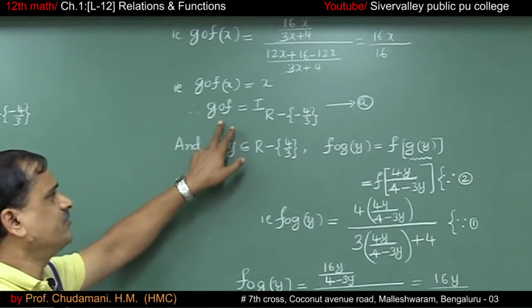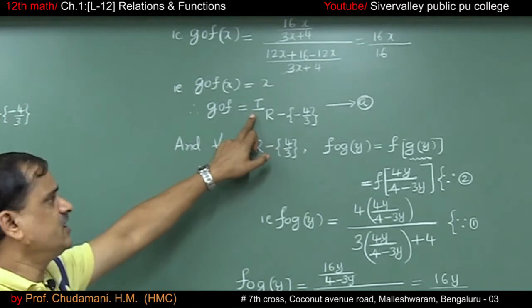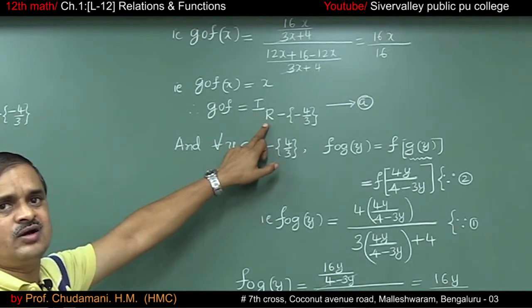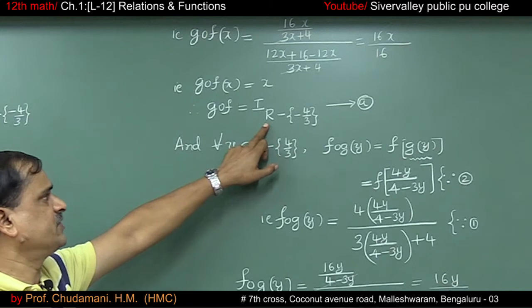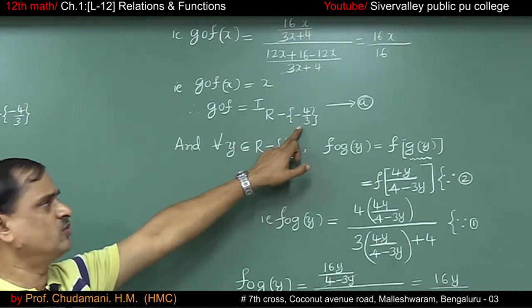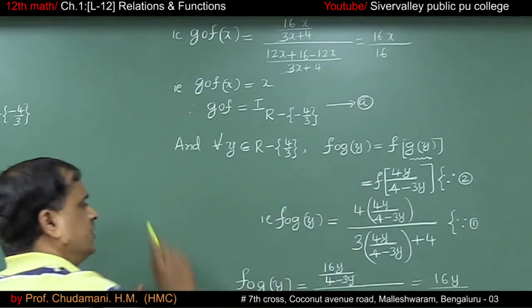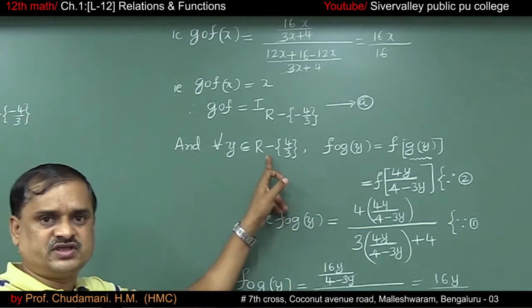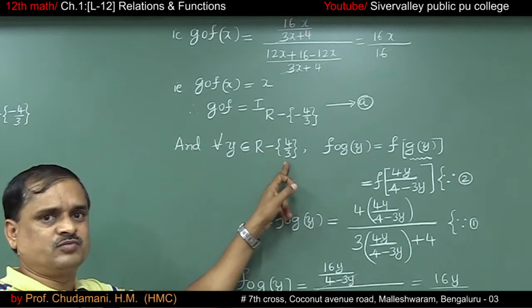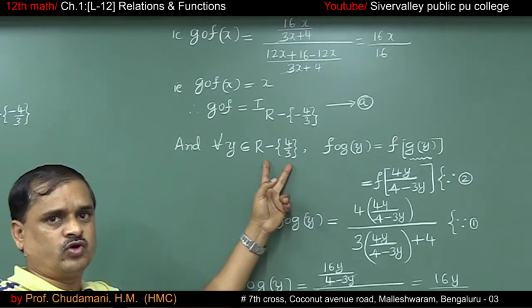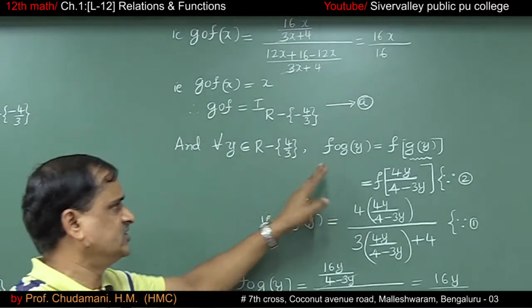Therefore, gof is equal to the identity function on the set of real numbers except minus 4 by 3. Say equation A. And for all y belongs to the real numbers except 4 by 3, y belongs to codomain, that is range of f actually.